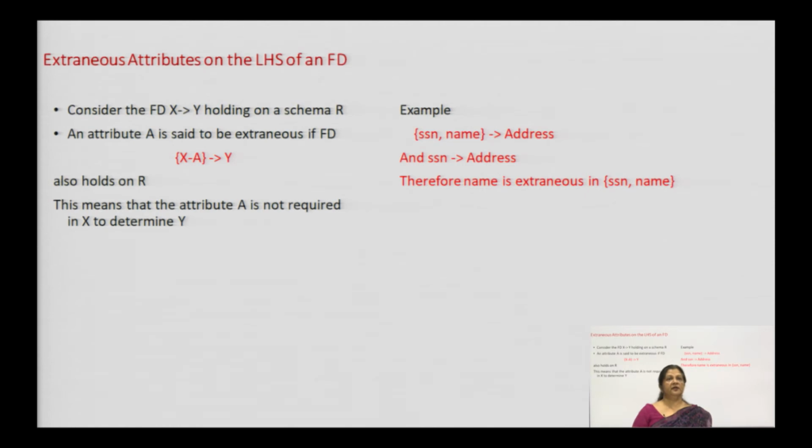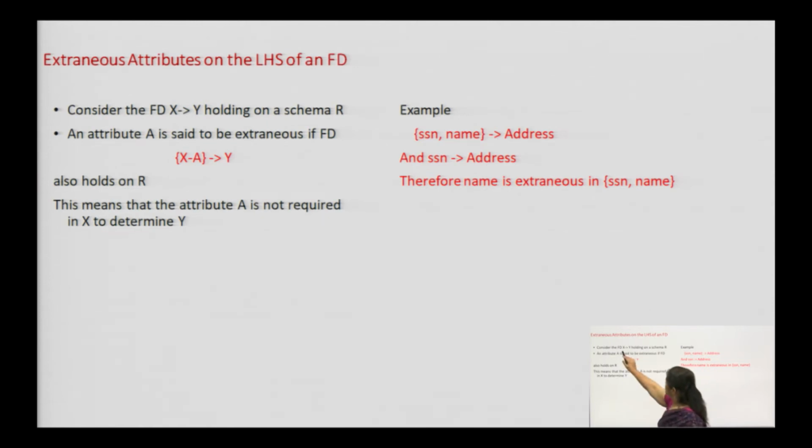Now, we will look at extraneous attributes on the left hand side of an FD. We have already said that the left hand side as well as the right hand side of the functional dependencies can be a single attribute or more than one attribute.